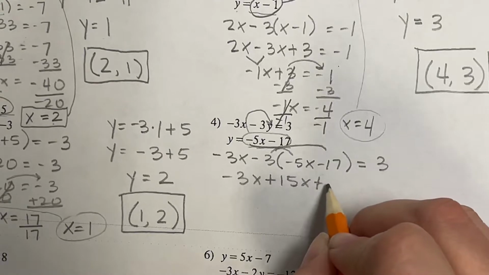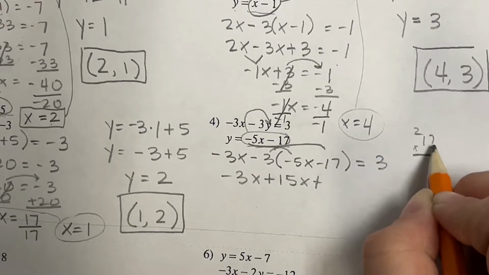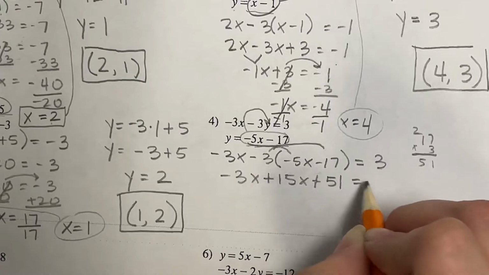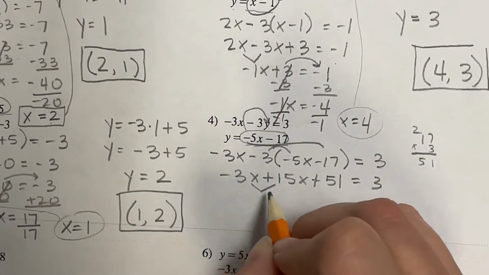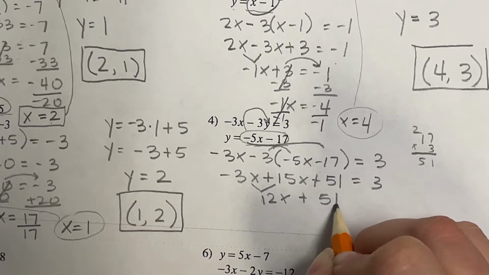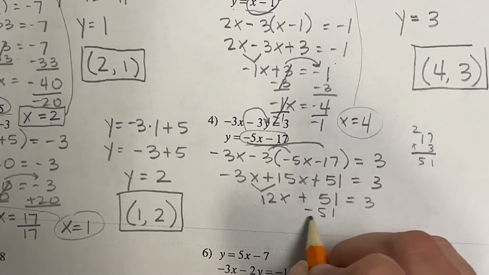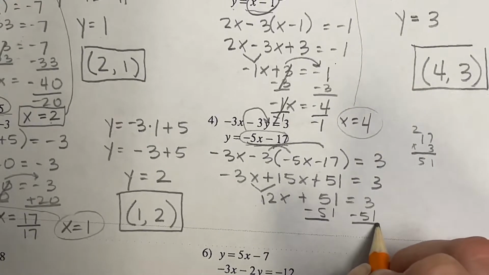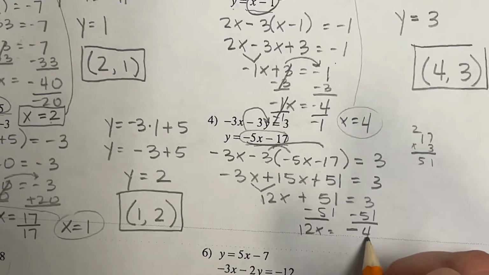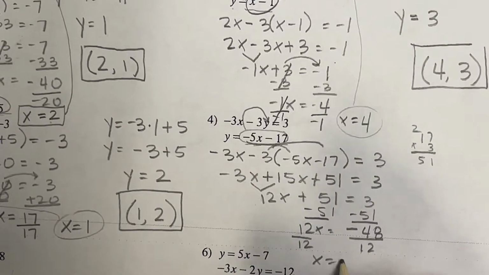That would be 51. This can be combined. It'll be 12x plus 51. Subtract that 51 to move it over. You'll get 12x equals negative 48. Divide by 12. x equals negative 4.